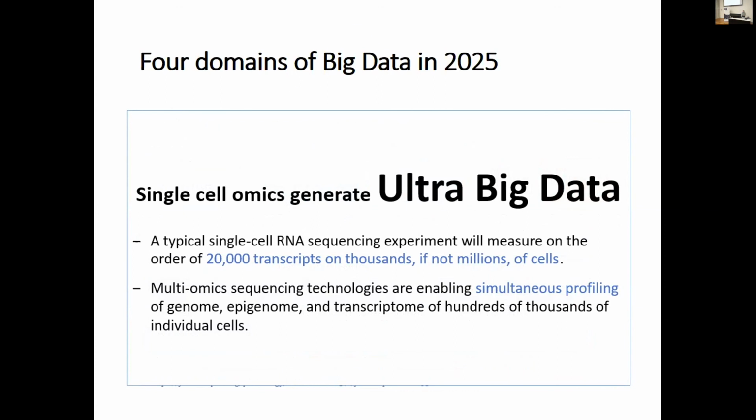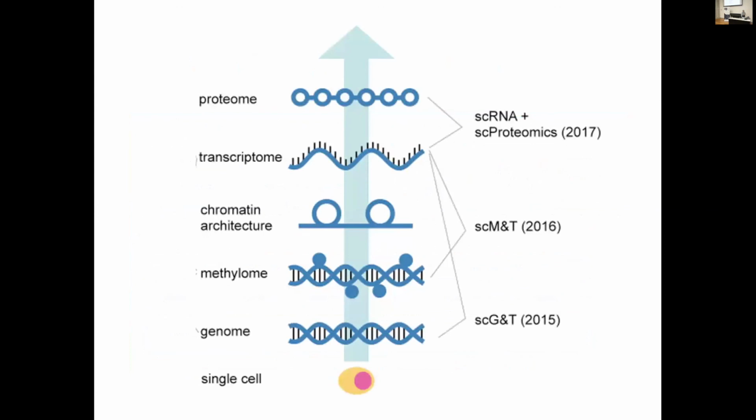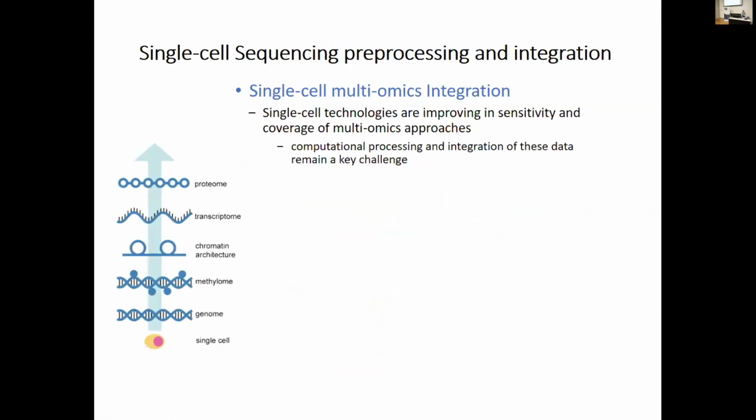And more interestingly, we are moving very rapidly from single cell sequencing to multi-omic single cell sequencing. From one single cell, current technologies can help us understand the information from genome, methylome, chromatin features, transcriptome, and proteome all together. You can imagine how much data it will generate.